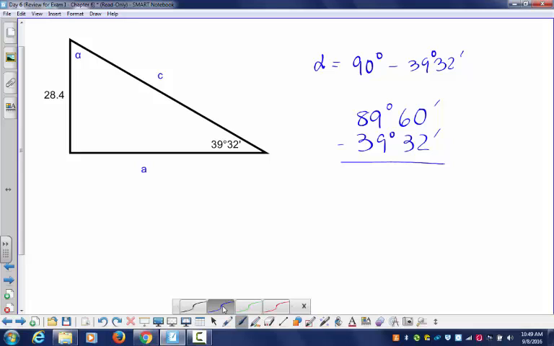We need some change, so we can subtract the 32. Then we get 28 minutes, and we get exactly 50 degrees. So that will be angle alpha.